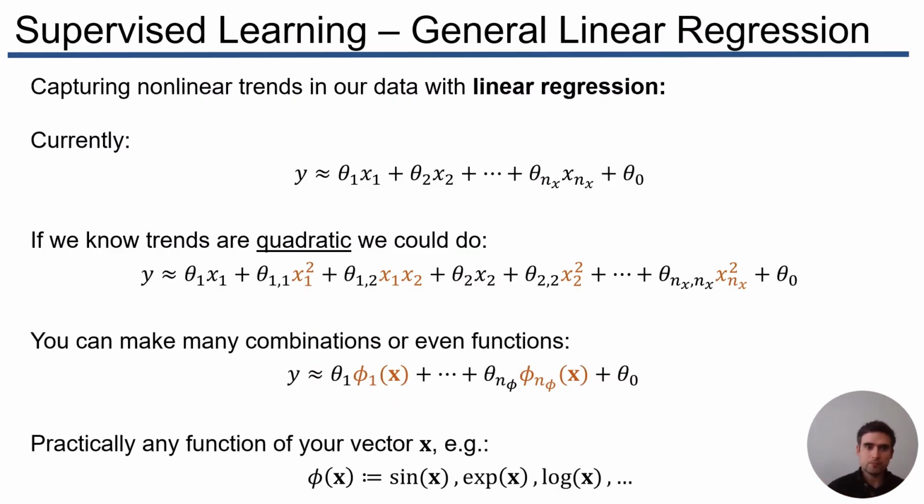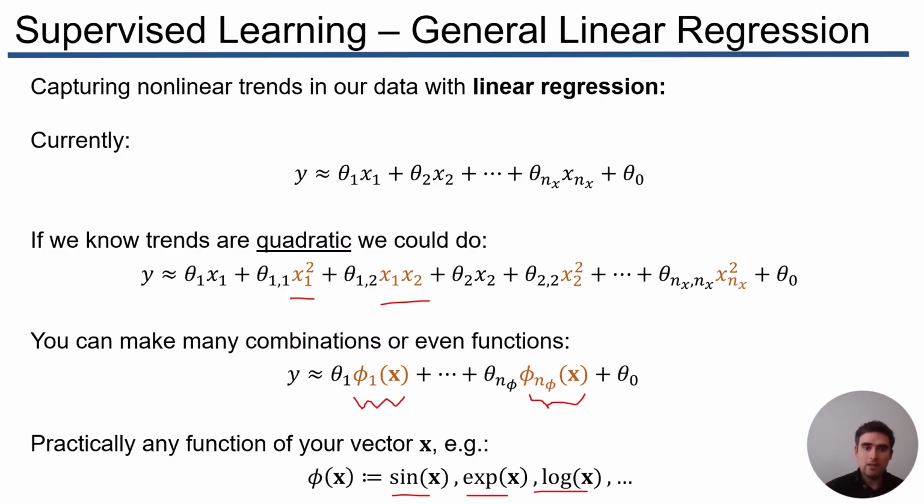Now, we don't only need to do this for quadratic terms. We could actually have any kind of function here. And this is what we will call the basis functions. So we could decide that maybe it's a linear or quadratic combination of the features. We could say maybe the features are sines or exponentials or logarithms or strange multiplications or combinations of different functions.